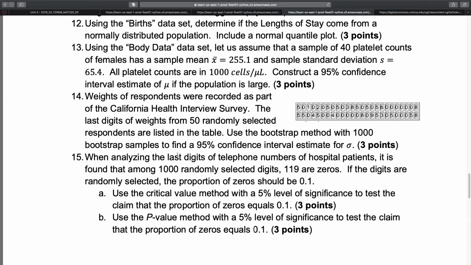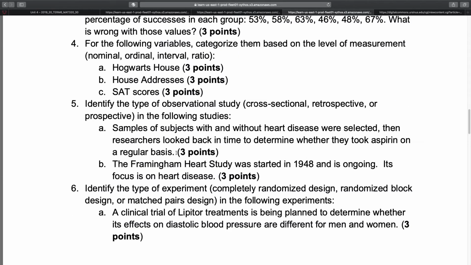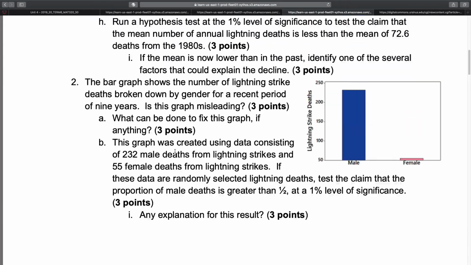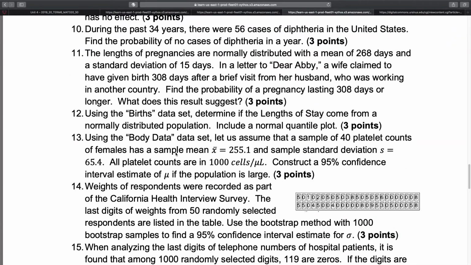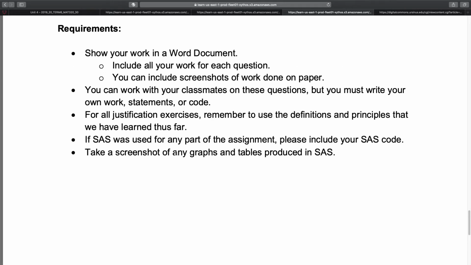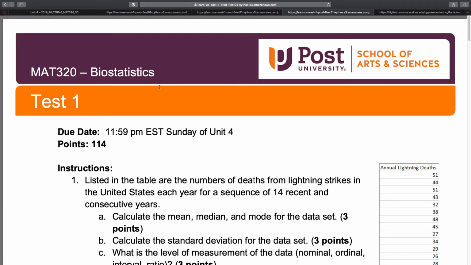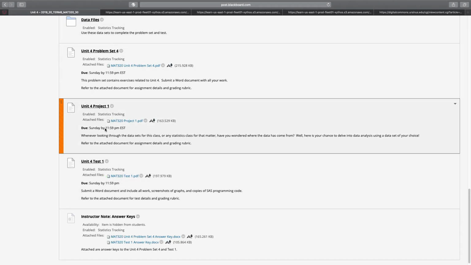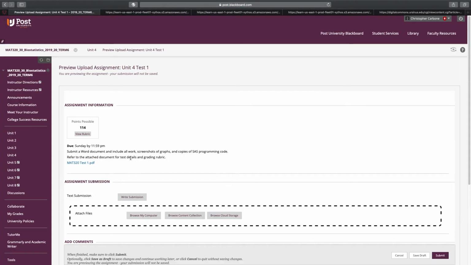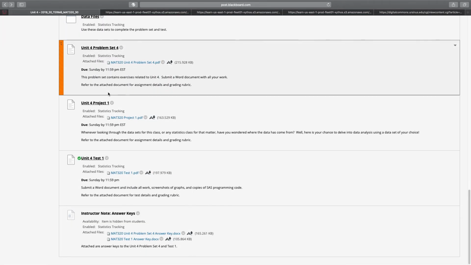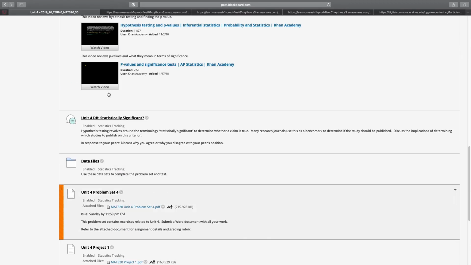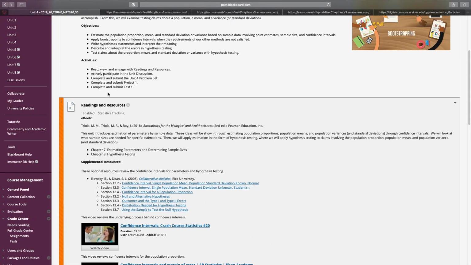You will be able to see and then answer those types of questions. And of course, you could click on here to actually upload that on Blackboard. But that's what we have here for Unit 4.